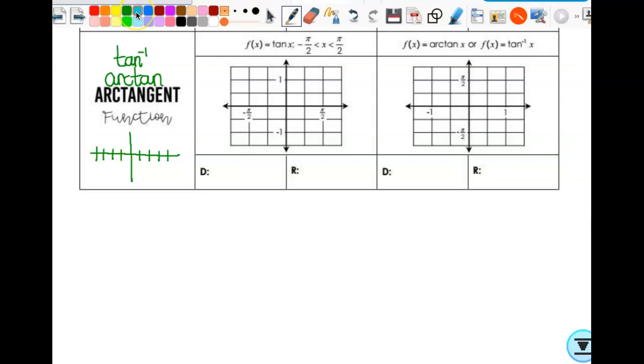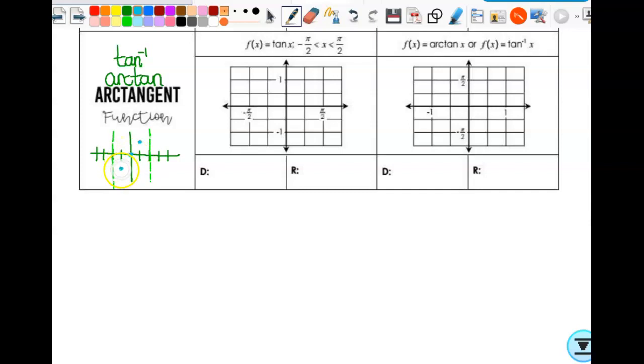And then I know for tangent, I'm going to have asymptotes at, so if this is pi, I have my asymptote at pi halves, right? Asymptote here at pi halves. And then at pi fourths, I'm at 1.